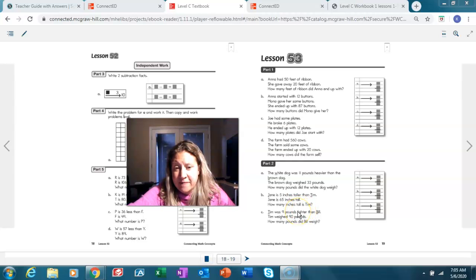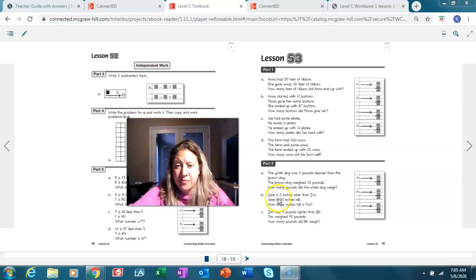We start by identifying the sentence that tells how many more or less, and that is the first sentence. Jane is 5 inches taller than Tim. Which number tells how many more or less? 5. Add that to your family.